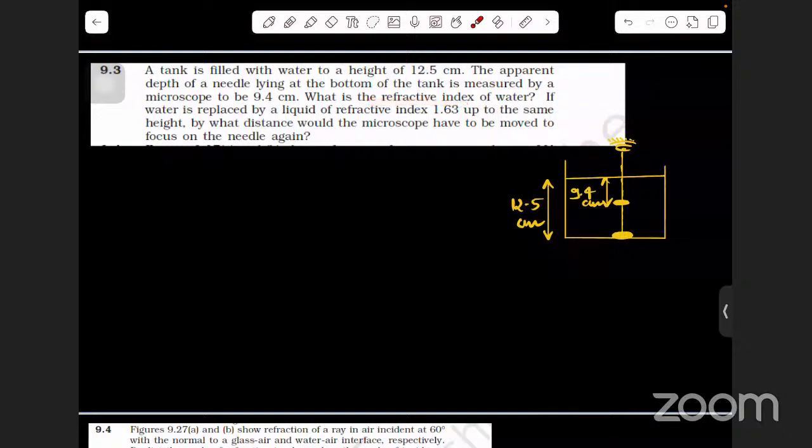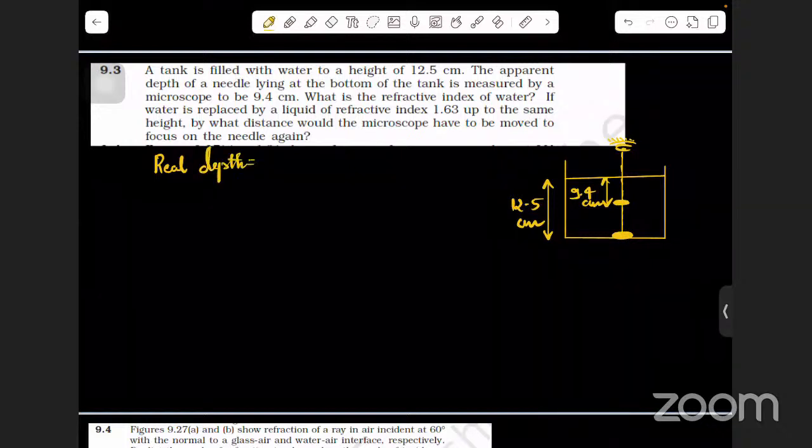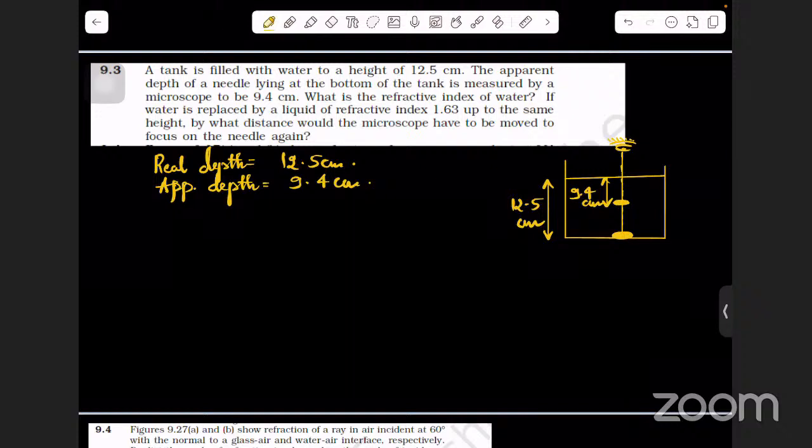So I guess it's a pretty easy formula, as everyone must be knowing. We have been given the real depth, which is 12.5 centimeters, and the apparent depth we have been given as 9.4 centimeters. So everyone, I guess, knows the formula, right?